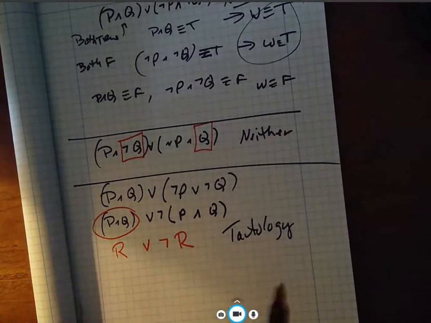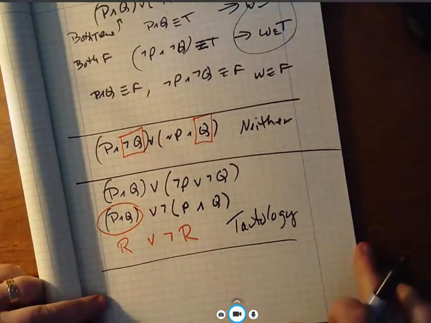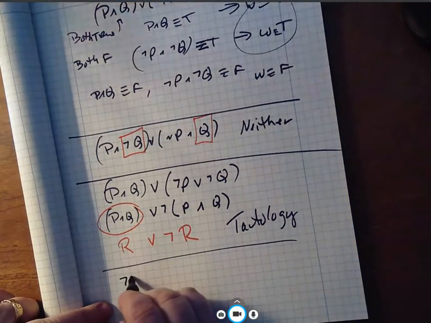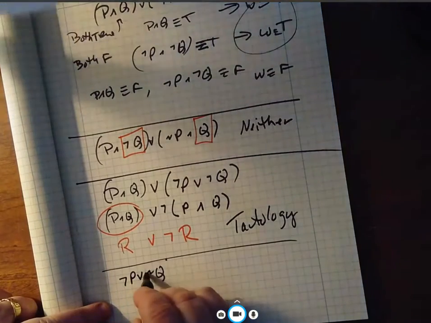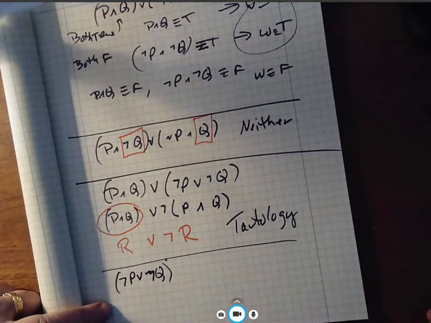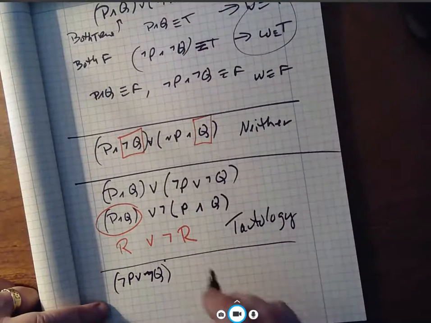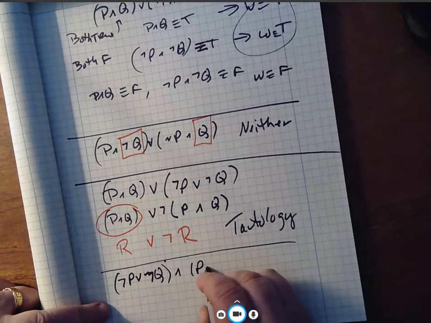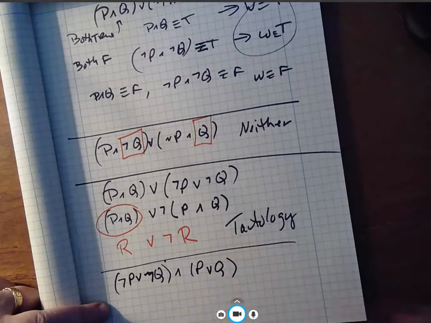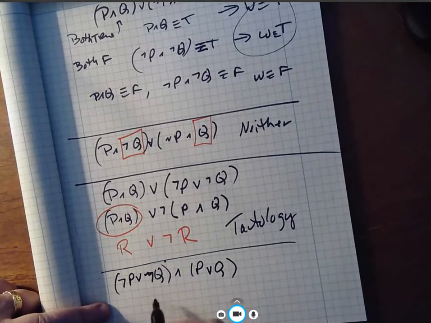So let's see, the next one I have, see if I can fit this on the page, is not P or not Q, and P or Q. Ooh, let's factor out again. That'll help.